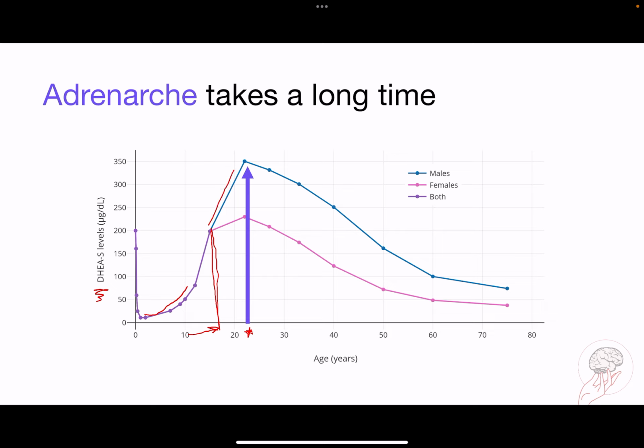It's after this that we see then the sexual differentiation. So we see that DHEA, which is an androgen, continues to increase in people born male, and it tends to taper off or decrease in people born female. And this happens around, we'll say, age 16.